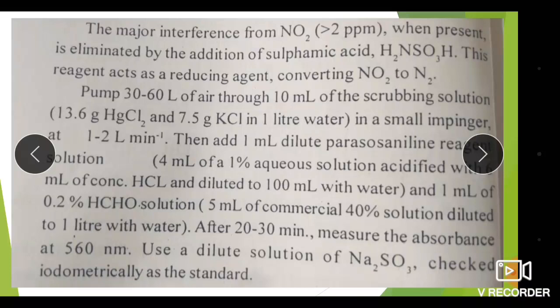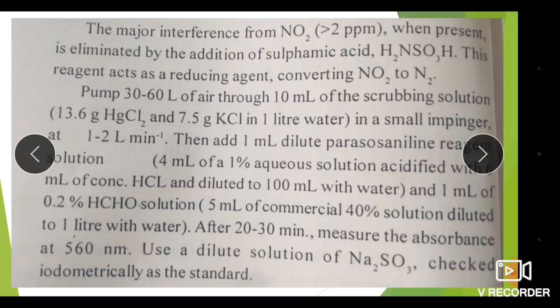They pump 30 to 60 liters of air through 10 ml of this scrubbing solution, that is 13.6 gram HgCl2 and 7.5 gram KCl in 1 liter water, in a small impinger at 1 to 2 liters per minute.